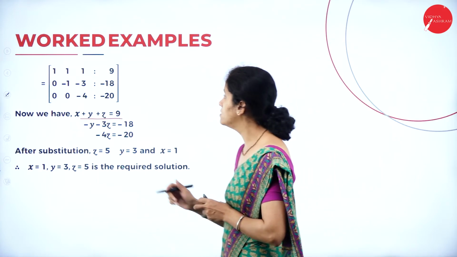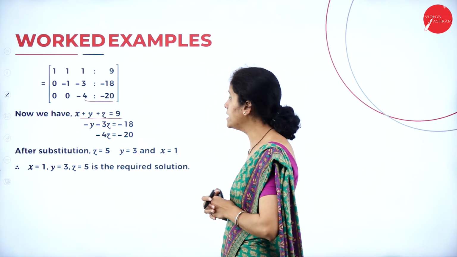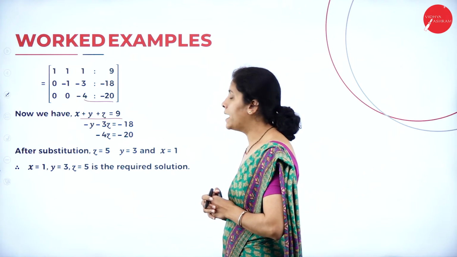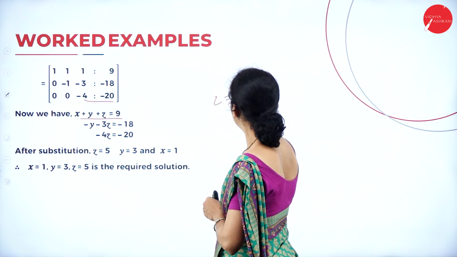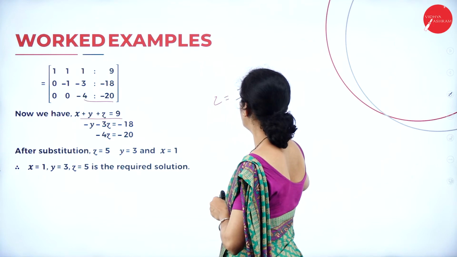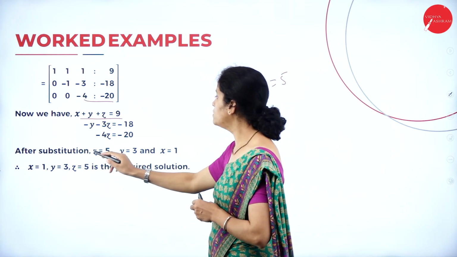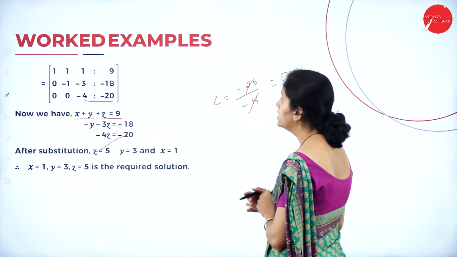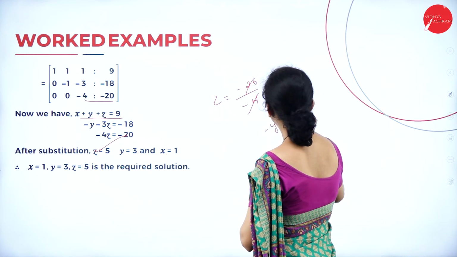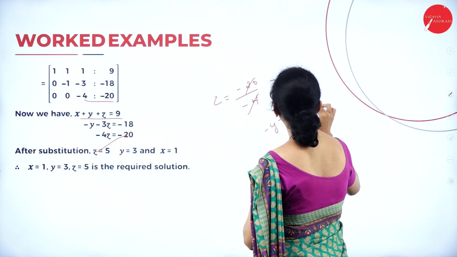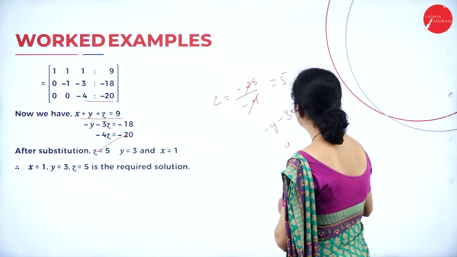If I consider the last equation, I have minus 4z which is equal to minus 20. So, z equals minus 20 divided by minus 4. So, z equals 5. Now, minus y minus 3 into 5 equals minus 18.